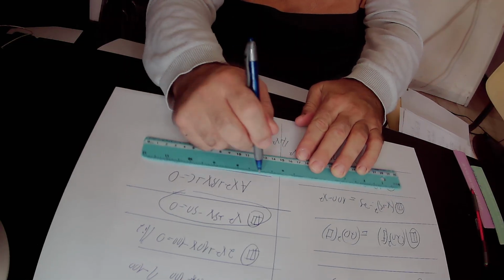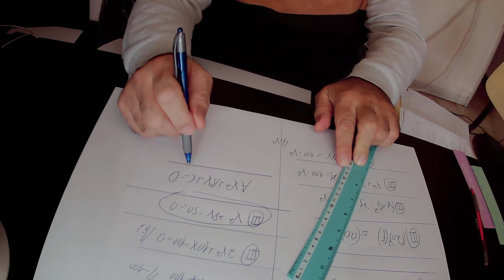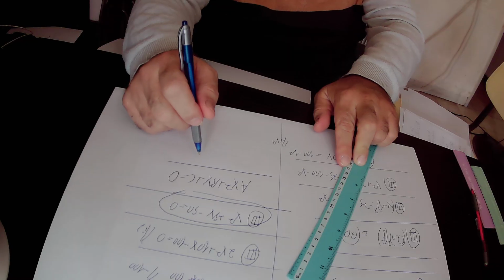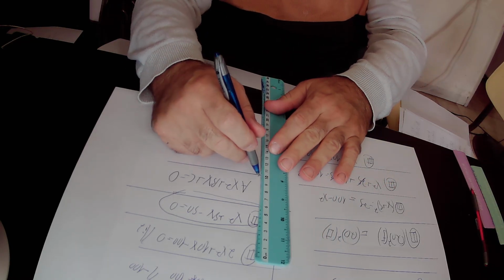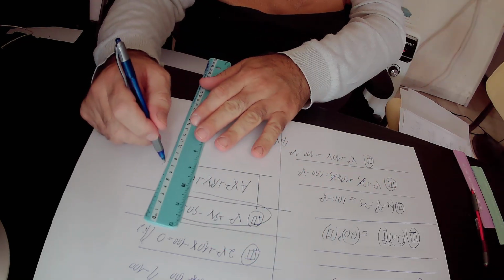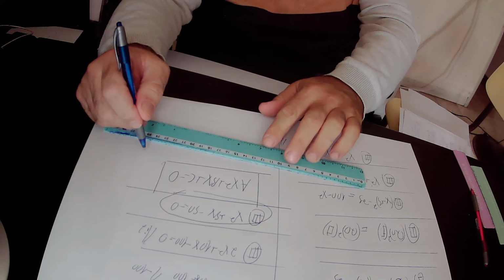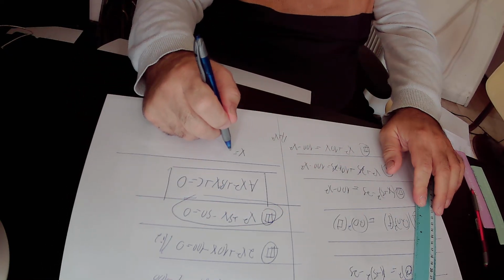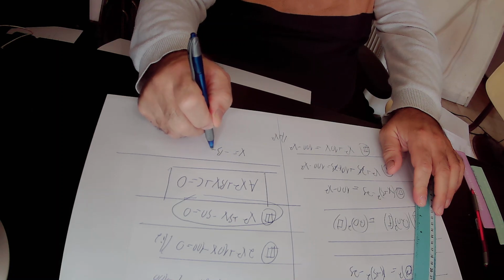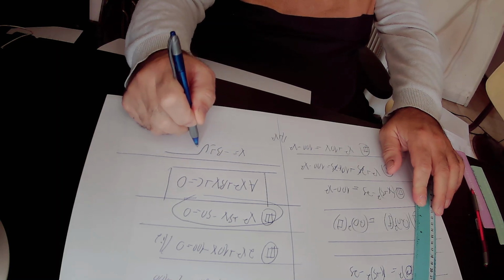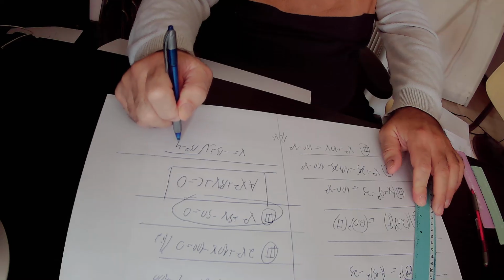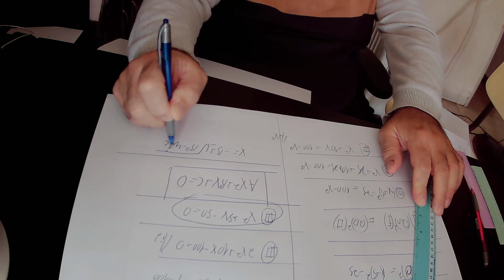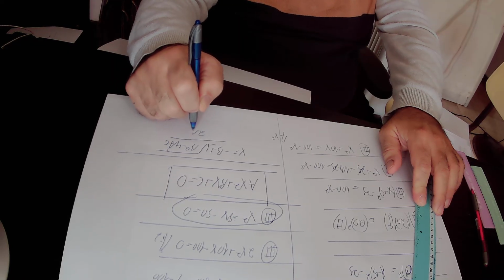In this general formula, a, b, and c are the coefficients of this quadratic equation, and x is the variable that we are looking for. And we find the value of x according to the following formula: x equals minus b plus minus square root of b squared minus 4 times a times c, over 2a.